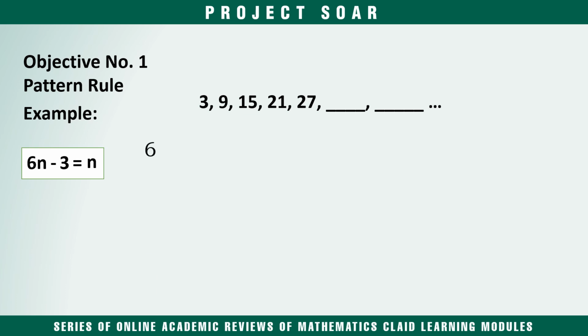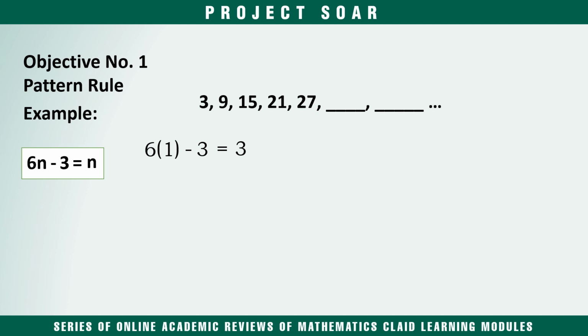So, let us proceed to our first term. Let us check if the first term is correct. So, 6 times 1 minus 3 equals 3. So, in the first term, 6 as a common difference, multiplied by the first term, number 1, and minus 3.